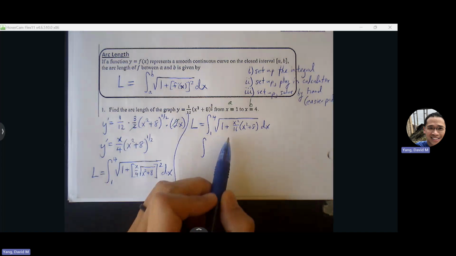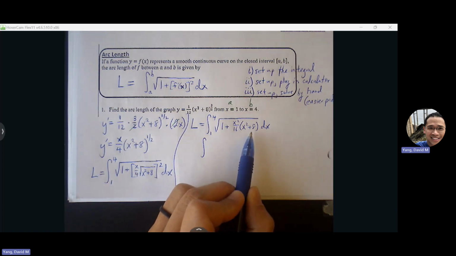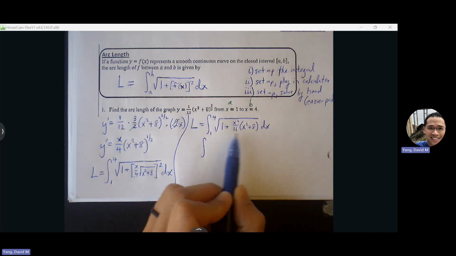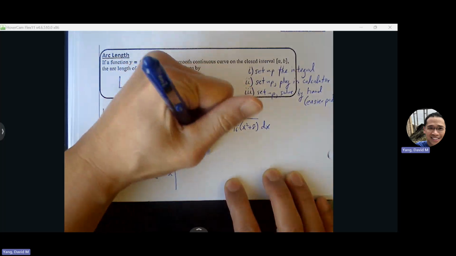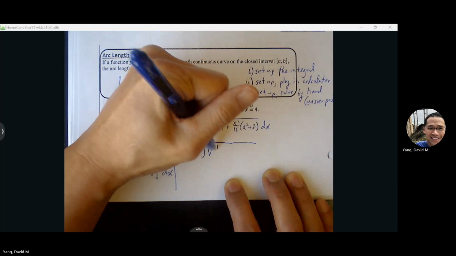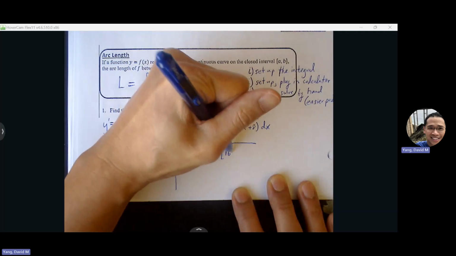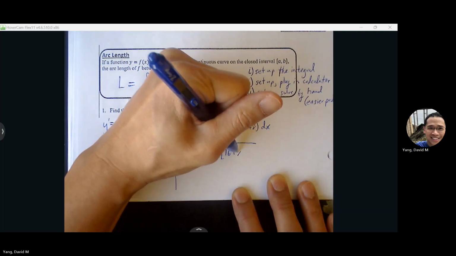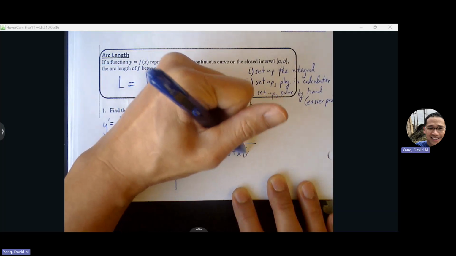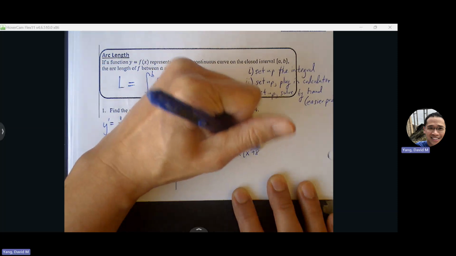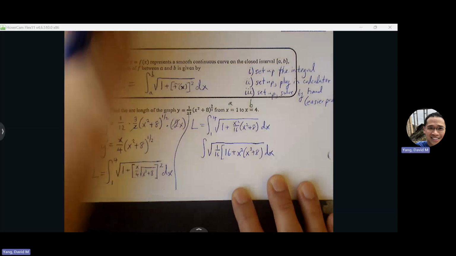If we go through manipulation here, we can factor out a 1/16 out of both these terms, and then we're left with 16 plus x squared plus 8. I'll just show you where this is going to lead.